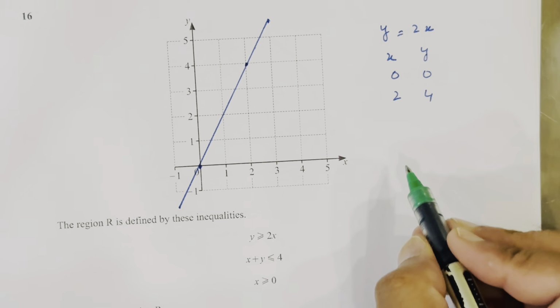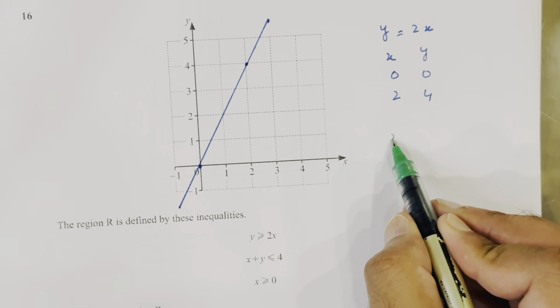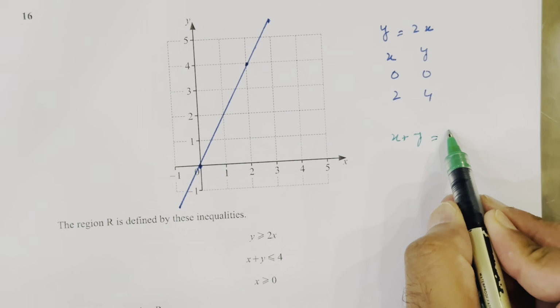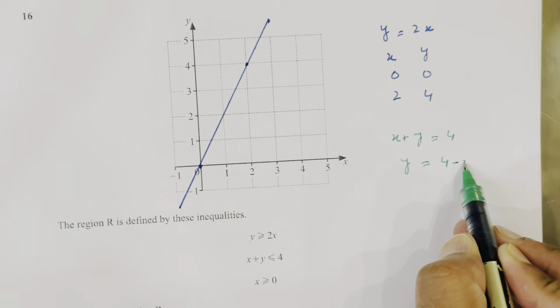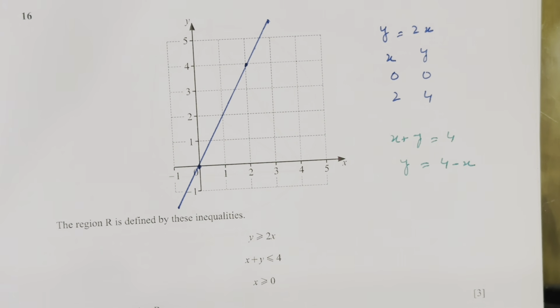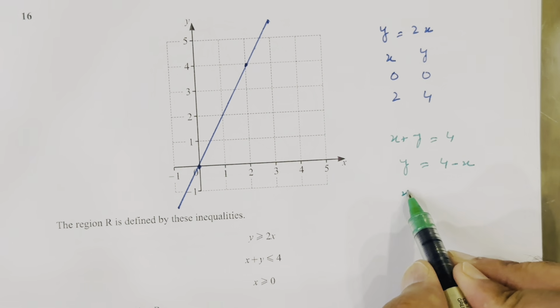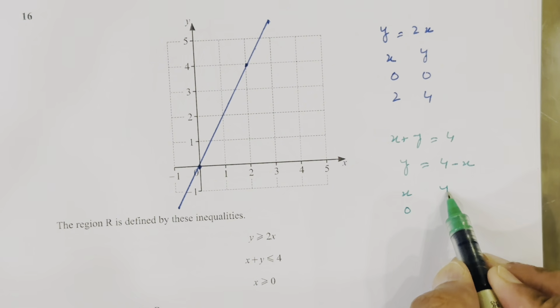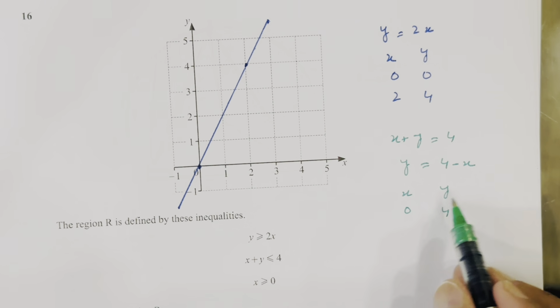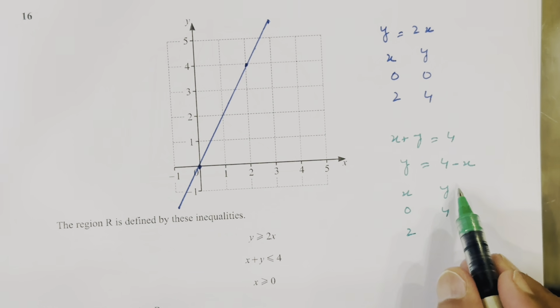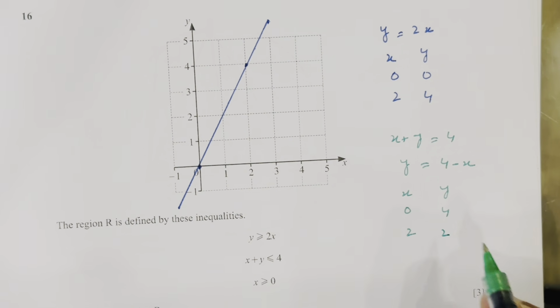Moving to its other part, it would be x plus y is equal to 4. Then y is equal to 4 minus x. Again, x is 0, then y is 4. If x is 2, then y is 2.